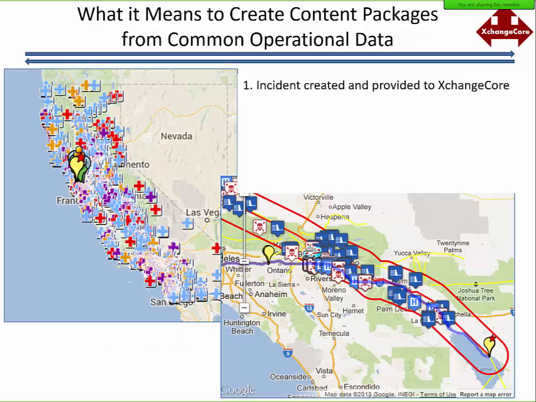Well, in a step-by-step fashion, start on the left-hand side and say, those are all the, what are they, hospitals or something. All the dots are in the state of California. And an incident is created and provided to XchangeCore by some third-party application. That incident then gets exchanged to other applications with that geographic location.